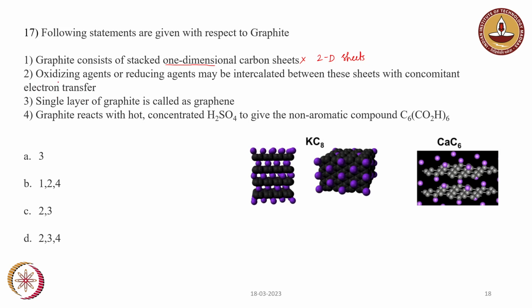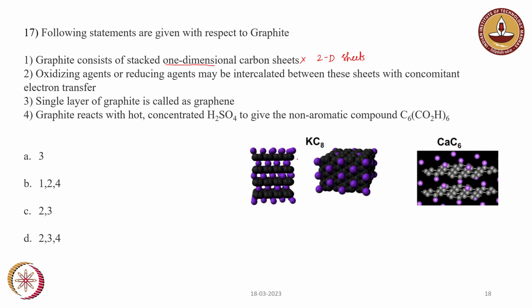And the second statement is oxidizing agents or reducing agents may be intercalated between these sheets with concomitant electron transfer. So the statement is correct because we can prepare KC8 and CaC6, that is potassium and calcium intercalated graphenes.